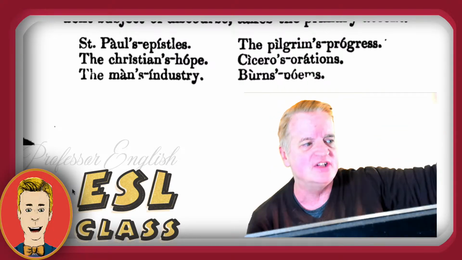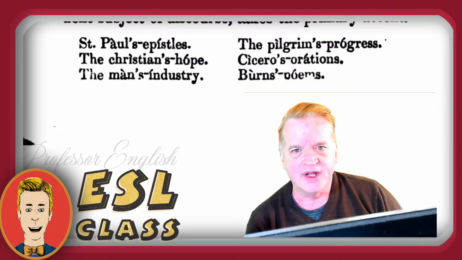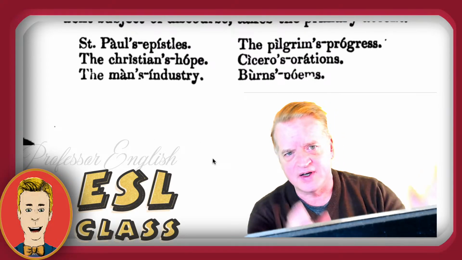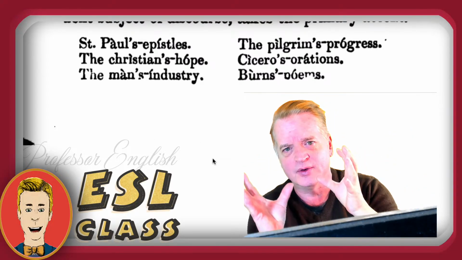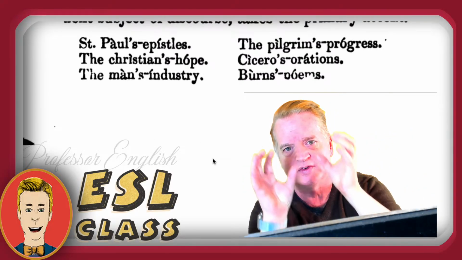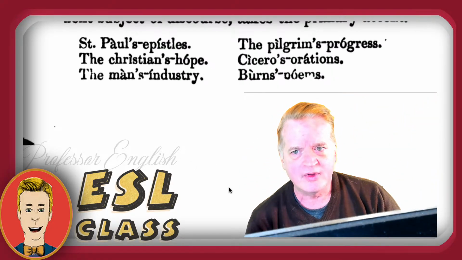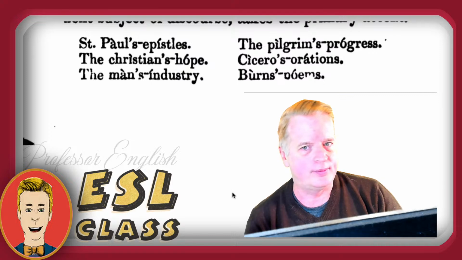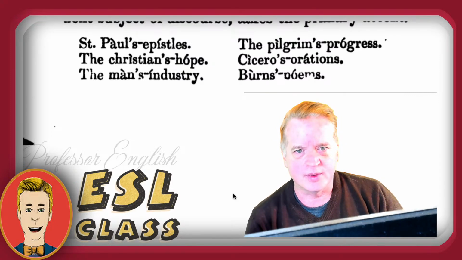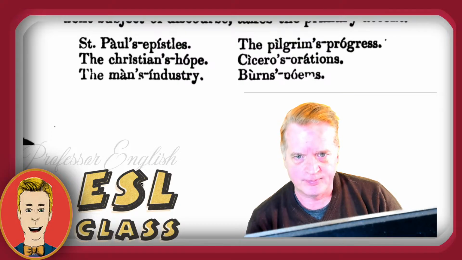St. Paul's epistles. And then we have the Pilgrim's Progress. Again, the noun is progress, and the Pilgrim's is just a description. So it's the Pilgrim's Progress. It's bigger. The Christian's Hope. Cicero's Orations. The Man's Industry.